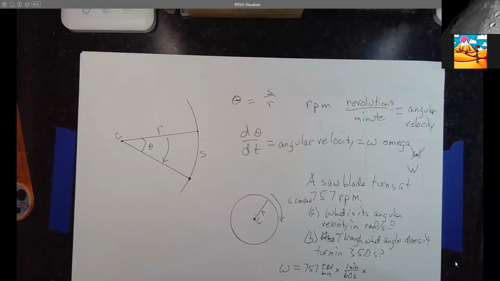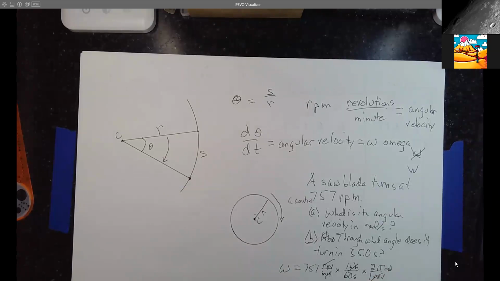And then I also have to take into account that there are 2 pi radians in every revolution. And so I would just put 2 pi over 1 revolution. So things that'll divide out, the revolutions will divide out, the minutes will divide out. And it's understood that anytime you've got a pi sitting there, you're talking about radians. You don't even need to write it in.